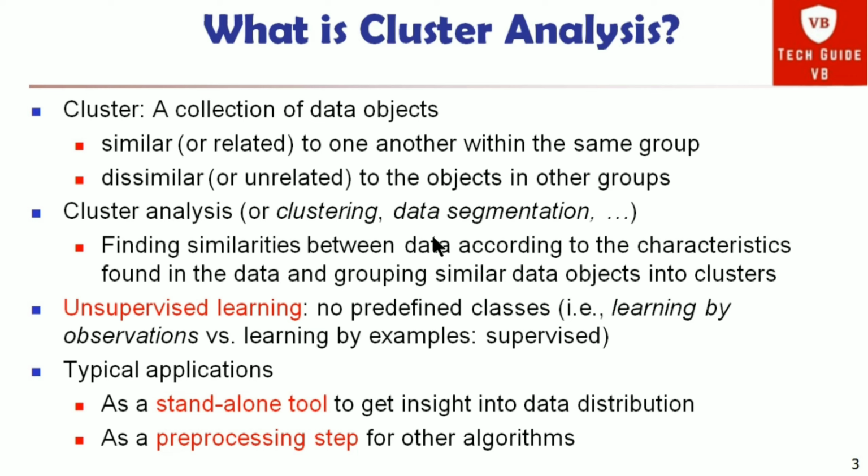Then what is cluster analysis? Finding similarities between data according to the characteristics found in the data and grouping similar data objects into clusters. So cluster analysis is the process basically. It is not only the word, it is the process. Cluster analysis is also called clustering or data segmentation.